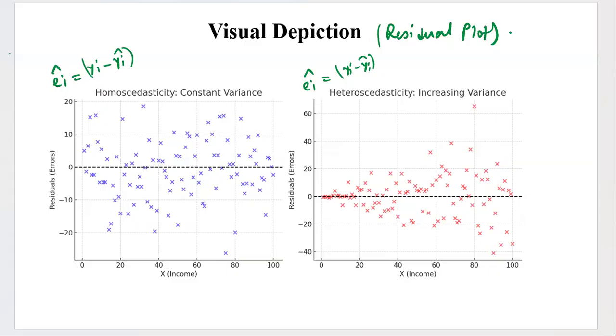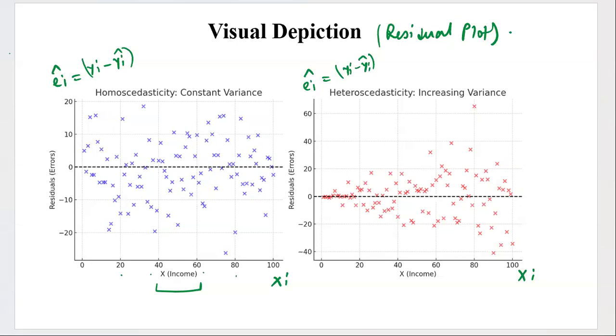So here, how do you detect heteroscedasticity? See this first residual plot. Here on the x side you have income, your monthly income. Suppose as your monthly income increases, 20, 40, 60, 80, 100, assume this is in thousands.